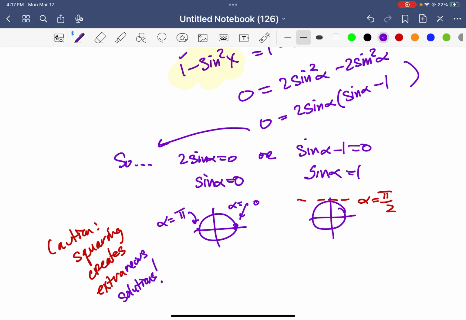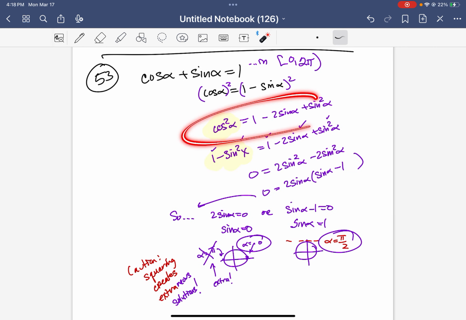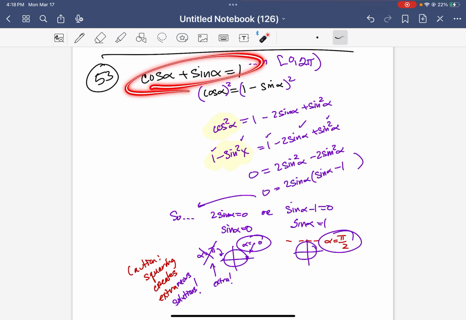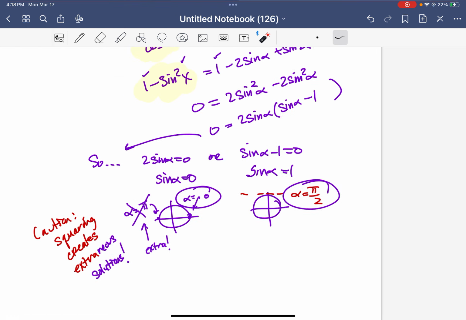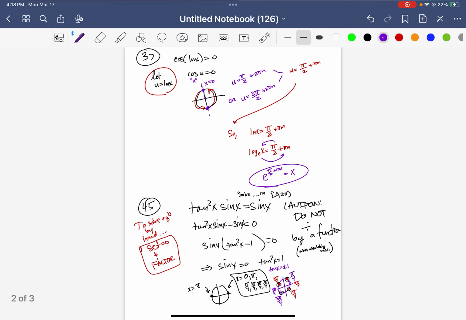And it turns out if you try and plug them back into the original, pi is extraneous. It's extra. It is not a solution to the original equation. It was created when we squared. So it's a solution to the squared thing, but it's not a solution to the original one. Okay? All right. So that's 53.